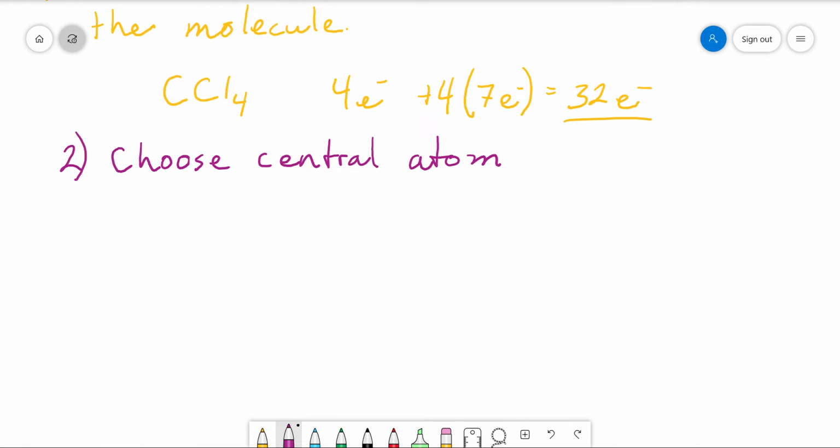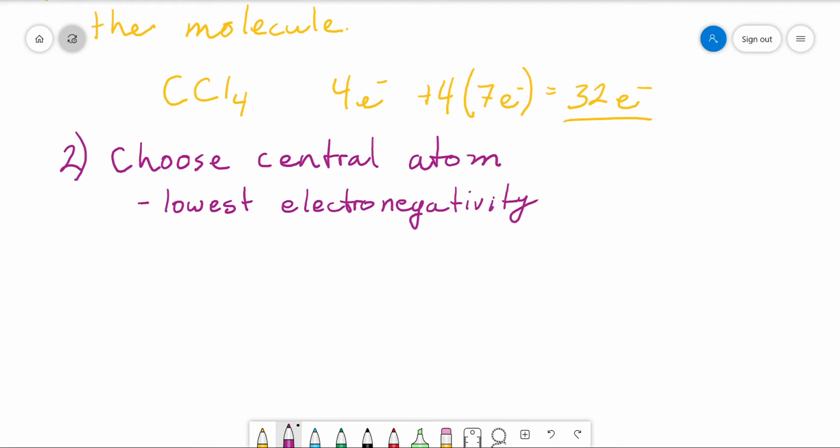It's the one with the lowest electronegativity, because it has to share the most electrons. Atoms with higher electronegativity don't like to share, they like to withdraw those electrons.